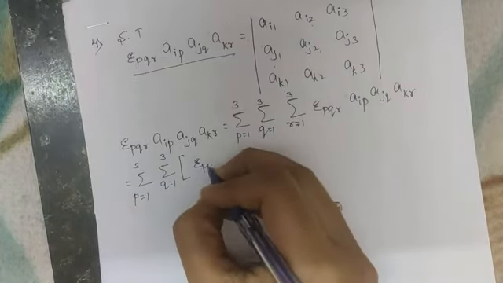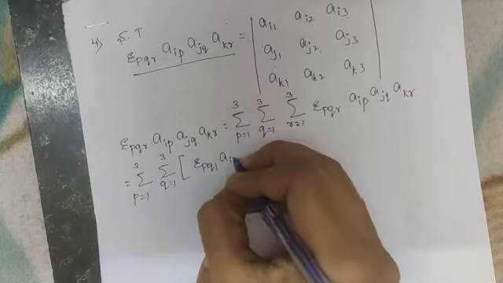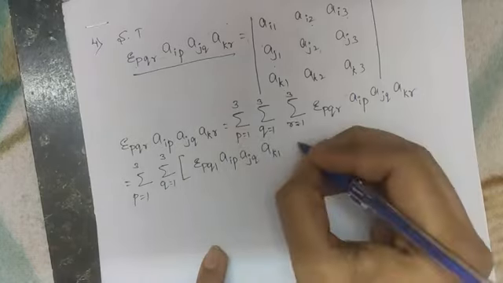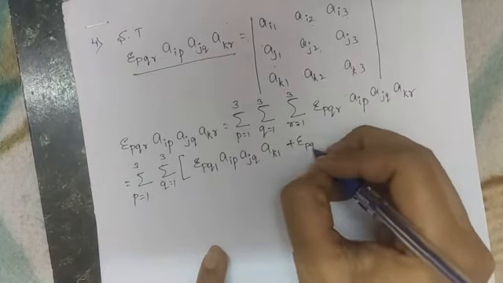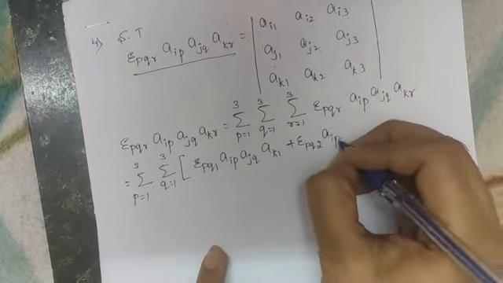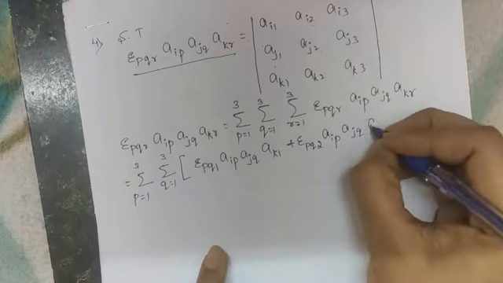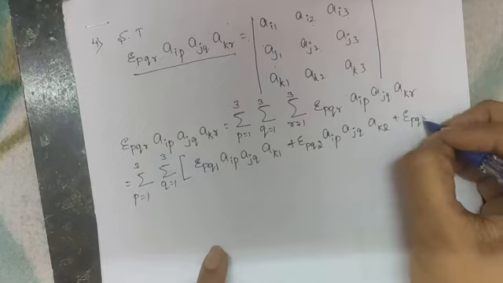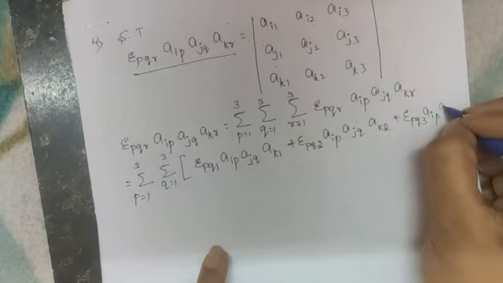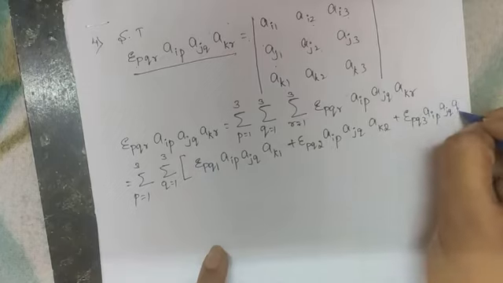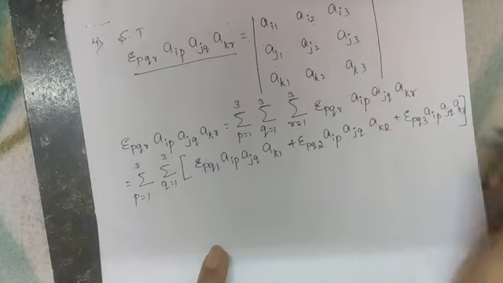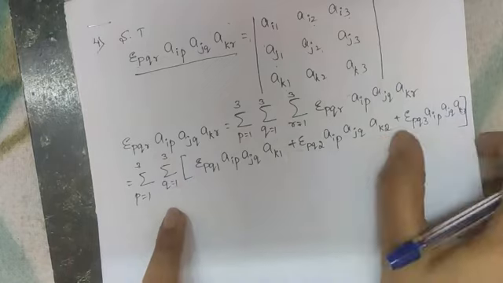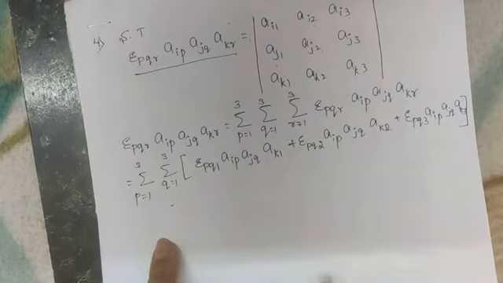That is epsilon pq1 aip ajq ak1 plus epsilon pq2 aip ajq ak2. Similarly, epsilon pq3 aip ajq ak3. Right? So now I have to expand each term on q.